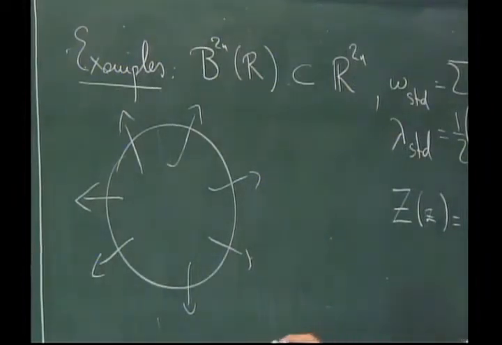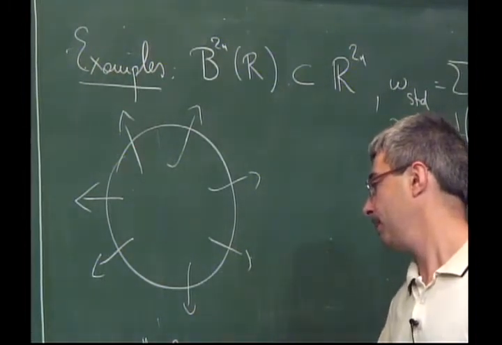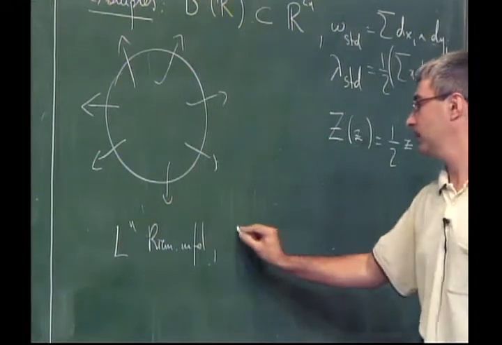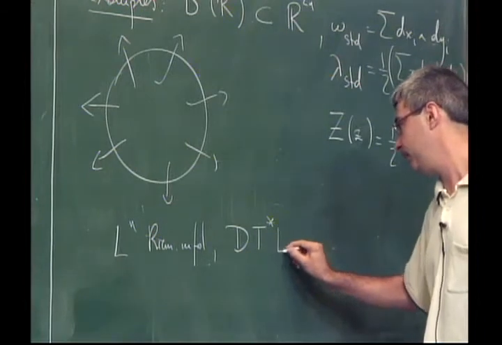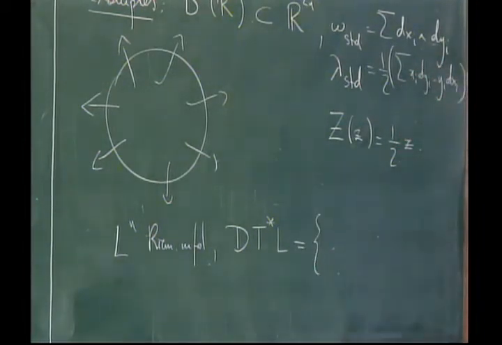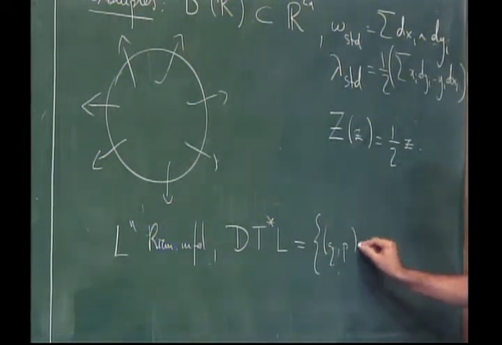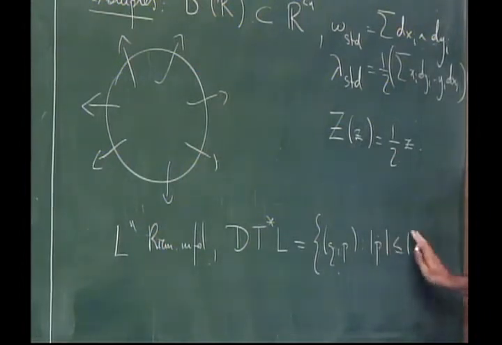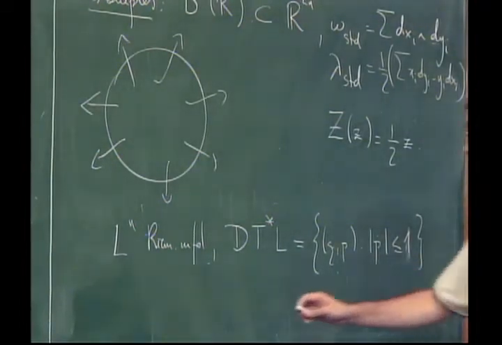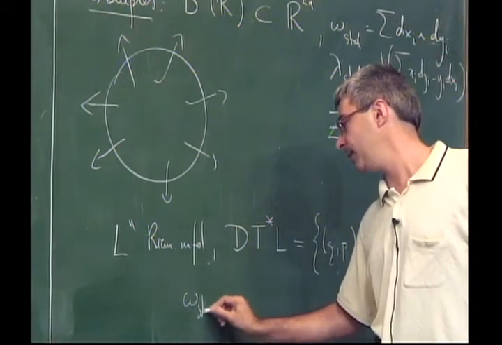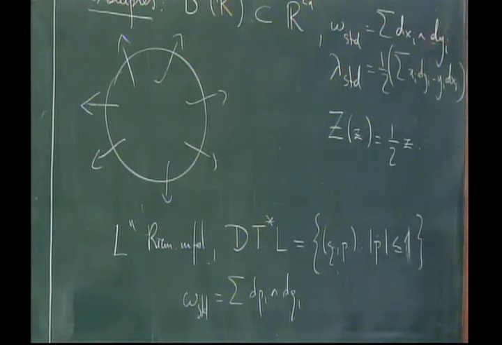Another important example is to take some Riemannian manifold L and consider the unit ball cotangent bundle D*L. So it would be the (q,p) with norm of p at most 1, or R, it doesn't matter. In this case, we're dealing with the standard symplectic form, which is the sum of dp_i dq_i in local coordinates, and it makes sense globally.